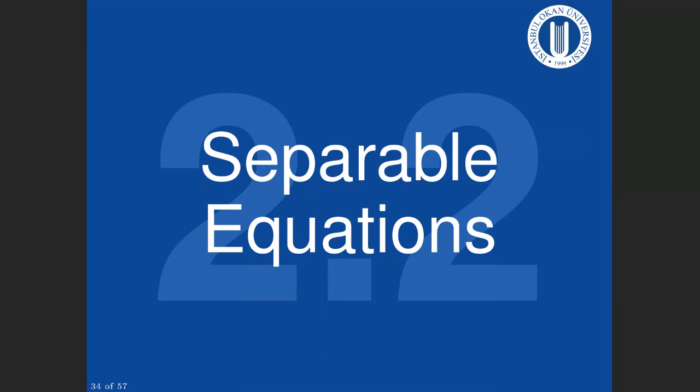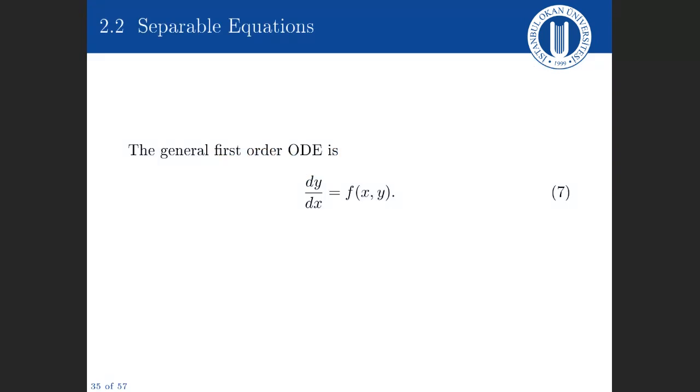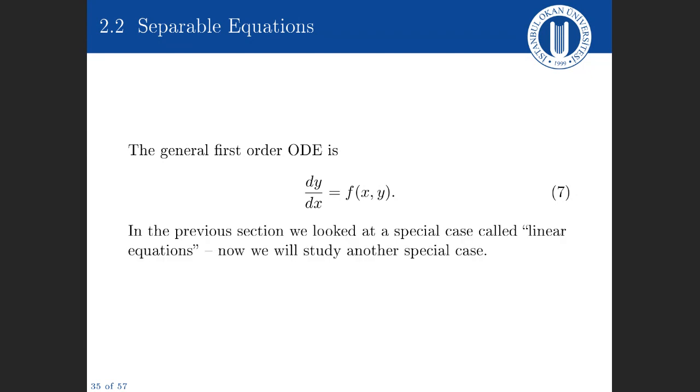Next, I want to talk about separable equations. Let's go back to the general first order ODE, dy dx is equal to a function of x and y. We've just looked at a special type of first order equation called linear equations.